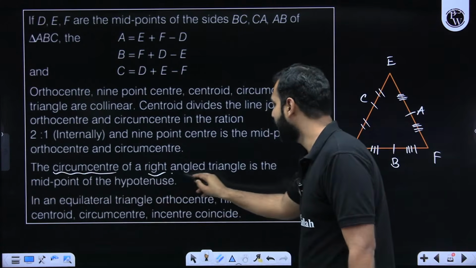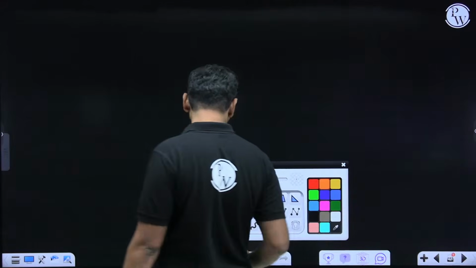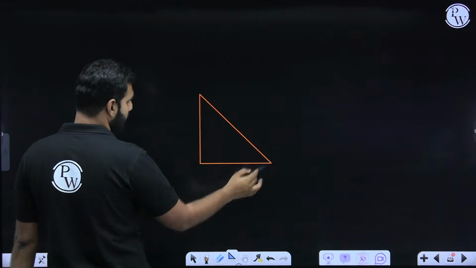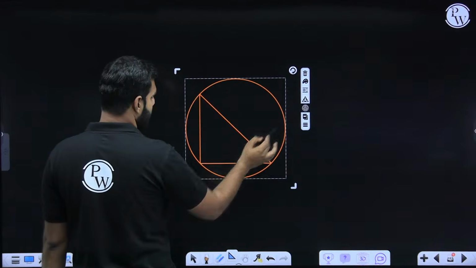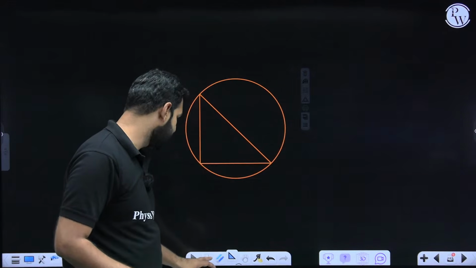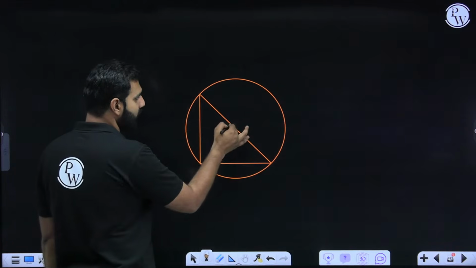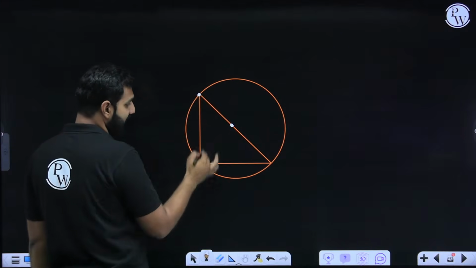The circumcenter of a right angle triangle is at the midpoint of the hypotenuse. What does it mean? Let's say there is a right angle triangle like this, and if I circumscribe it, this is the circumscribing circle. If I ask you to find its center, will you help me? This circle passes through the vertices of the triangle.